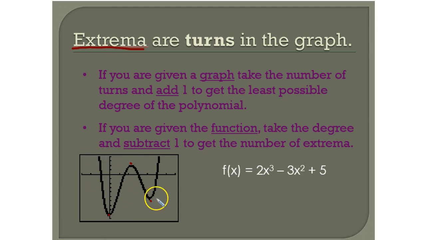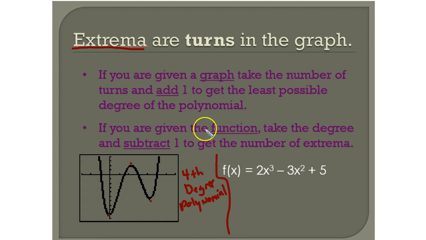We have 1, 2, 3 changes of direction, or 3 extrema. If you take the number of turns, there's 3 turns, and you add 1, you get the least possible degree of the polynomial. So we know that the least possible degree of this polynomial is 3 plus 1, or 4. The least possible degree would be 4.